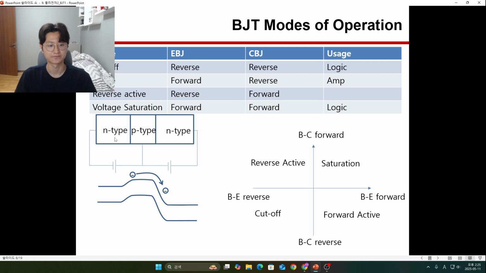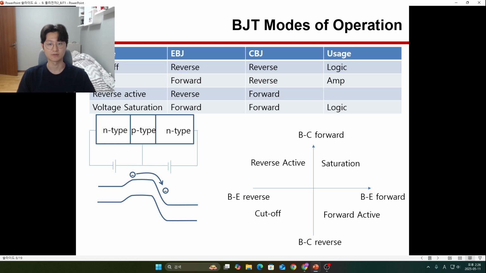We can call the emitter-base junction EBJ, and the collector-base junction CBJ. If we apply reverse bias at EBJ and reverse bias also at CBJ, this is cutoff mode.